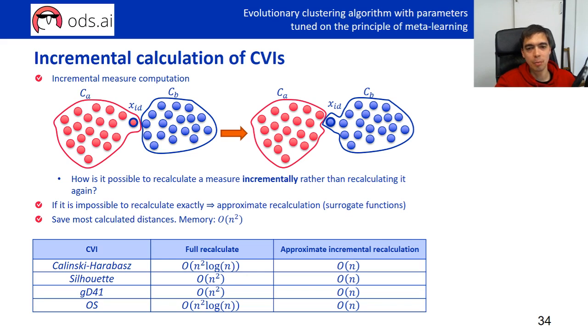The idea is to maintain all possible distances between the dataset elements and centroids, so it requires more space, but it's fast in terms of time. So from the table at the bottom of the slide, it follows that the incremental recalculation for the measures considered is ahead of full recalculation in terms of computational complexity. We can also see that the complexity became linear. That's quite a good improvement in comparison with full recalculation.